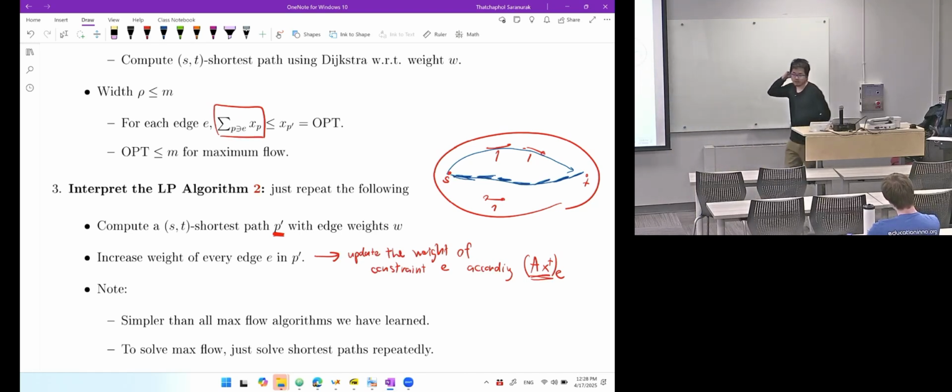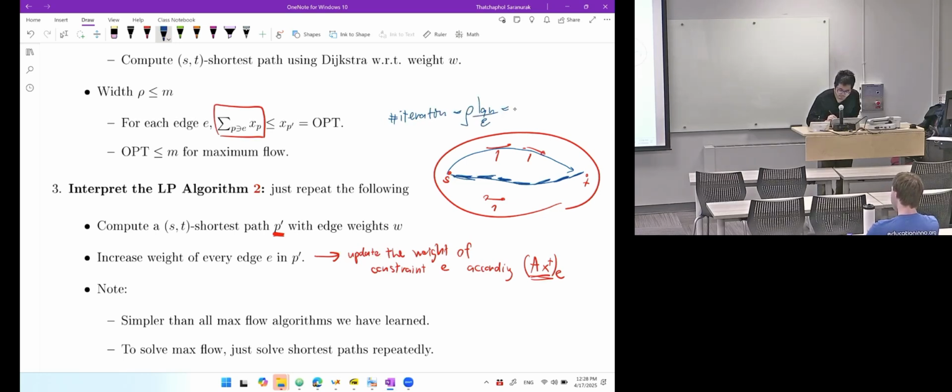We're actually going to compute many paths. So you should think the number of iterations is going to be something like rho log n, which is something like m in this case.